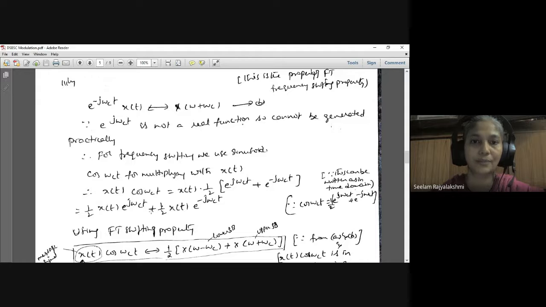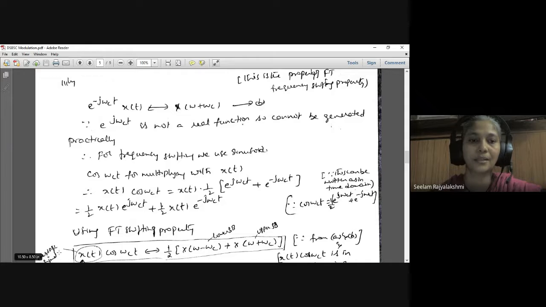So by substituting in this equation, we have obtained this. Here x of t is the message signal, and x of omega minus omega c is the lower side band and this is the upper side band.